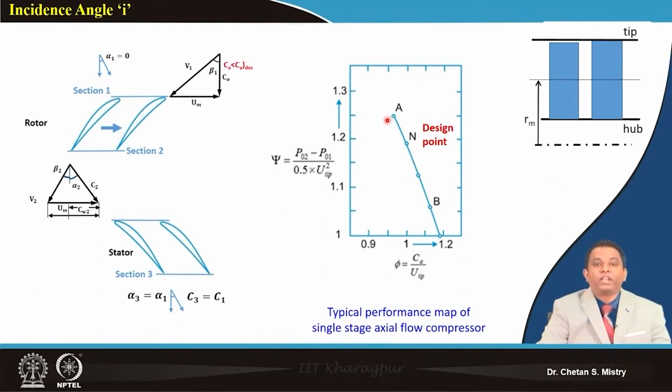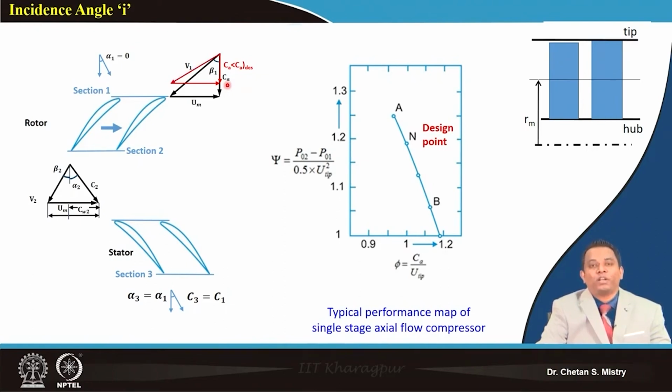This is less than my design axial velocity. If I put this as my axial velocity, since my peripheral speed is considered the same, and I join them, this is my velocity triangle.